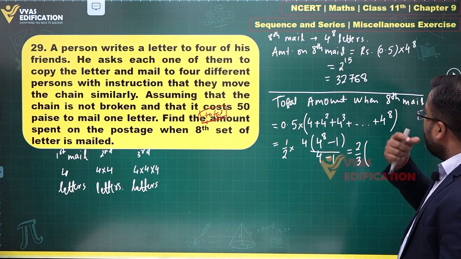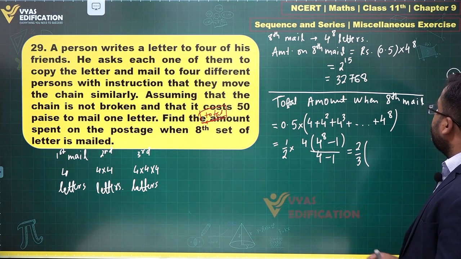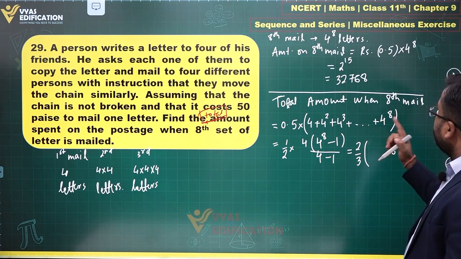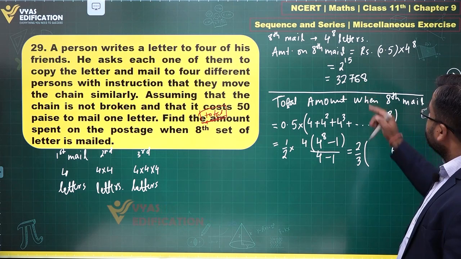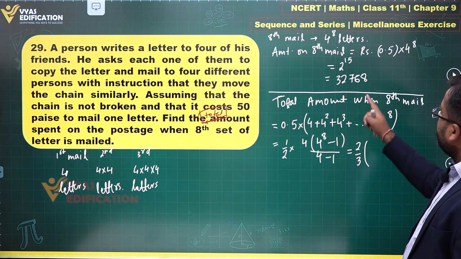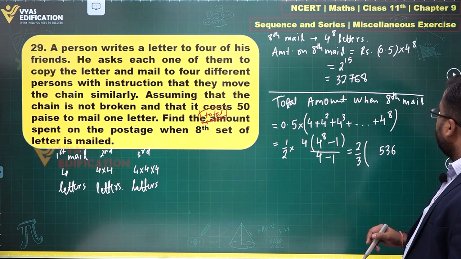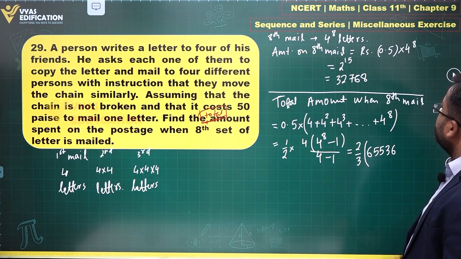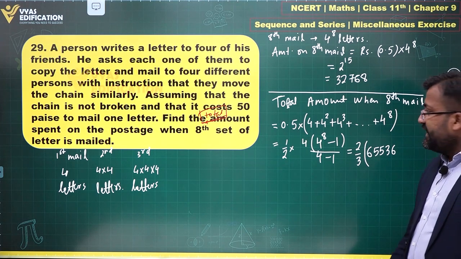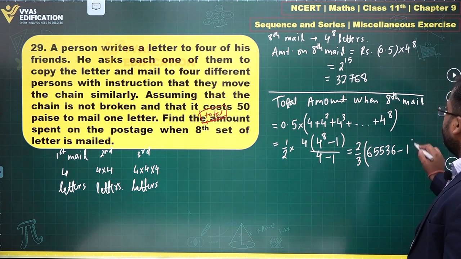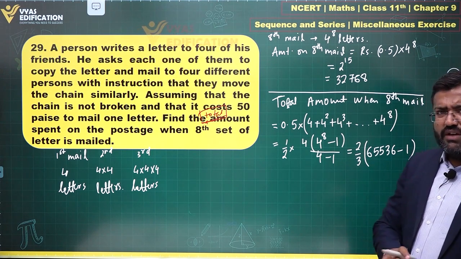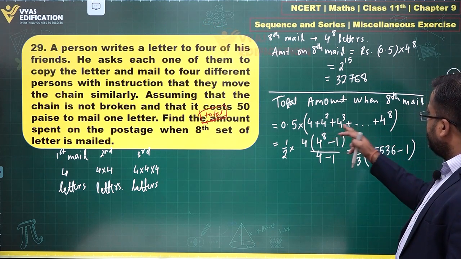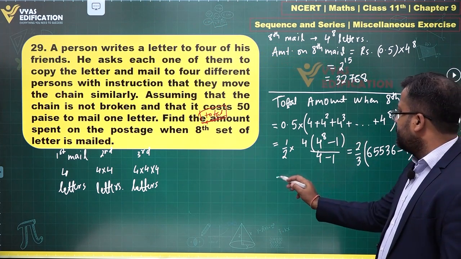What is that? 65536. And minus 1 is what we are interested in, right? The number of terms is 8, the common ratio is 4, this is what you get.